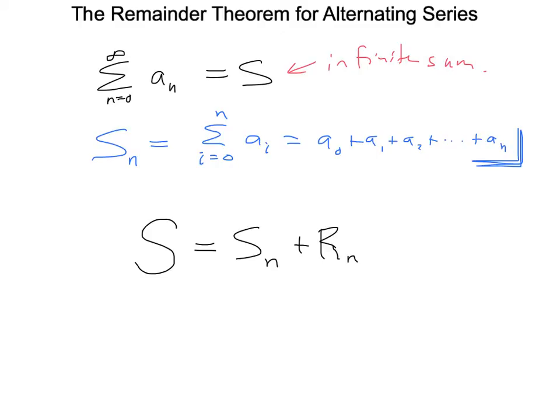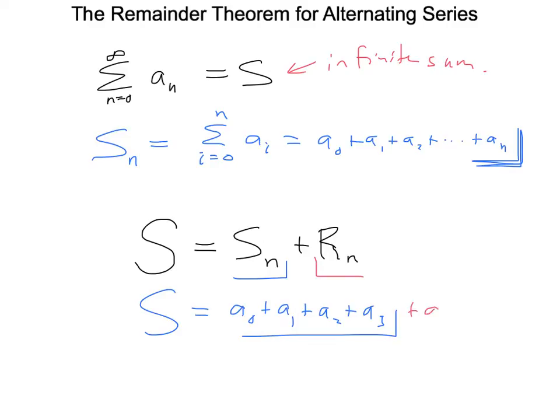One way of thinking about this is that the infinite sum would be the 0th term plus the first term plus the second term plus the third term, and maybe somebody would decide to stop there. That would be their S sub n, and then their remainder would be the 4th term and the 5th term, and on and on forever. That's what it would look like if you stopped at the n equals 3 partial sum and took everything past that to be a remainder.